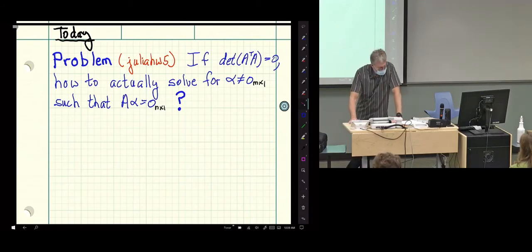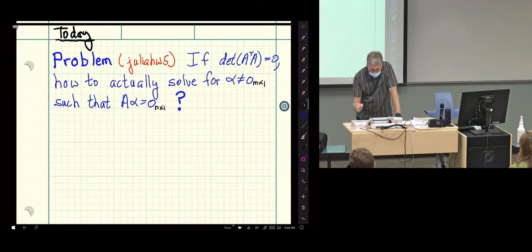So here's the final problem in this chapter. It's been more difficult than the other chapters, I think. There's more concepts in it. Linear independence was hard. Counting the number of linearly independent vectors was hard. Linear combinations was harder than just looking at AX equals B and saying, oh, it's triangular, I do either back substitution or forward substitution. There's more concepts here. So here's the final one.